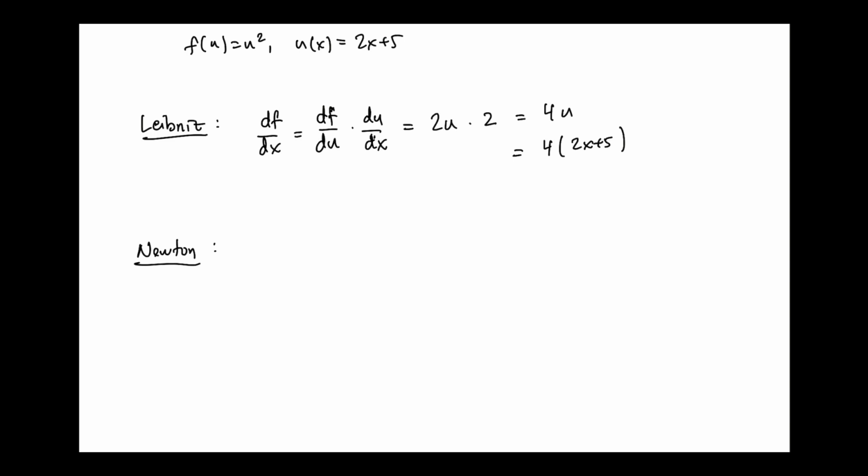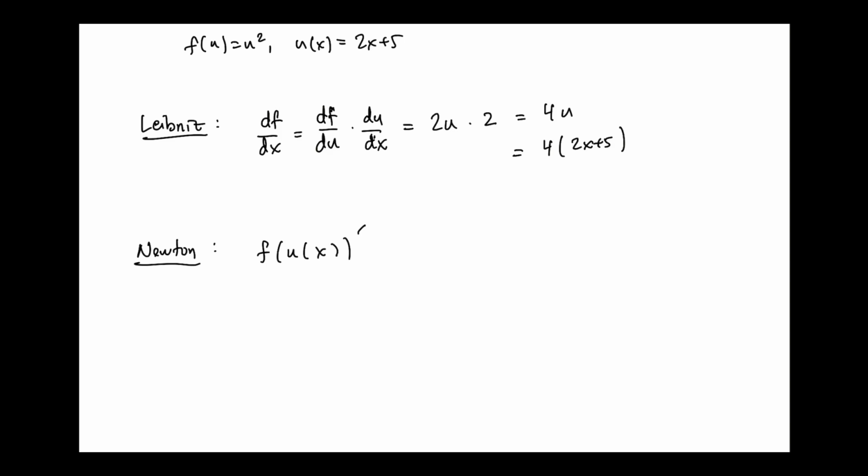Okay? So the Newton style way of writing the chain rule is to say, if you have f of u of x prime, and you want to take its derivative, okay? So f of u of x, what really are we doing here? This is function composition, right?